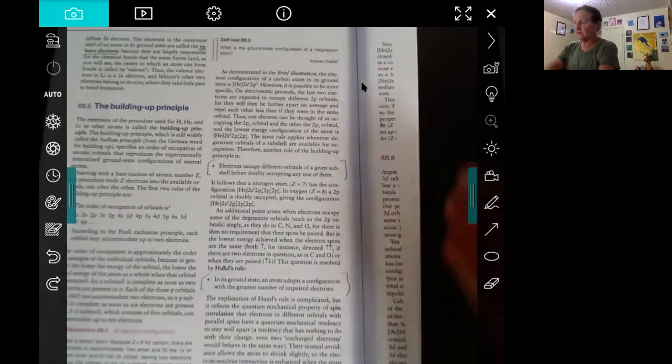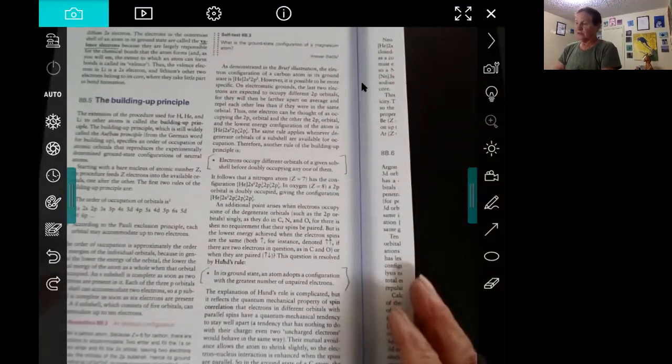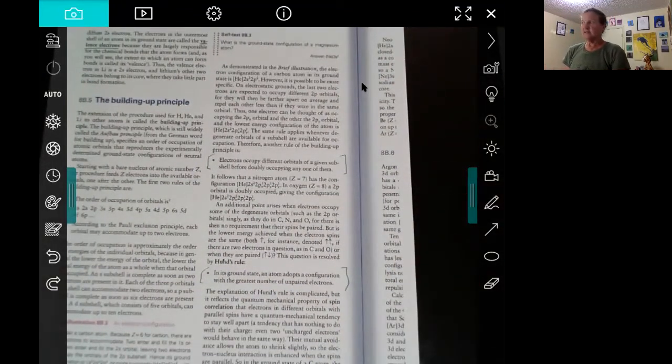And it gives you an explanation of that here, which makes a lot of sense. 2 electrons with the same spin can't occupy the same region of space, so if you put them in separate orbitals and you give them the same spin, that helps force them to stay apart because they don't want to come together if they have the same spin, because that's quantum mechanically forbidden.